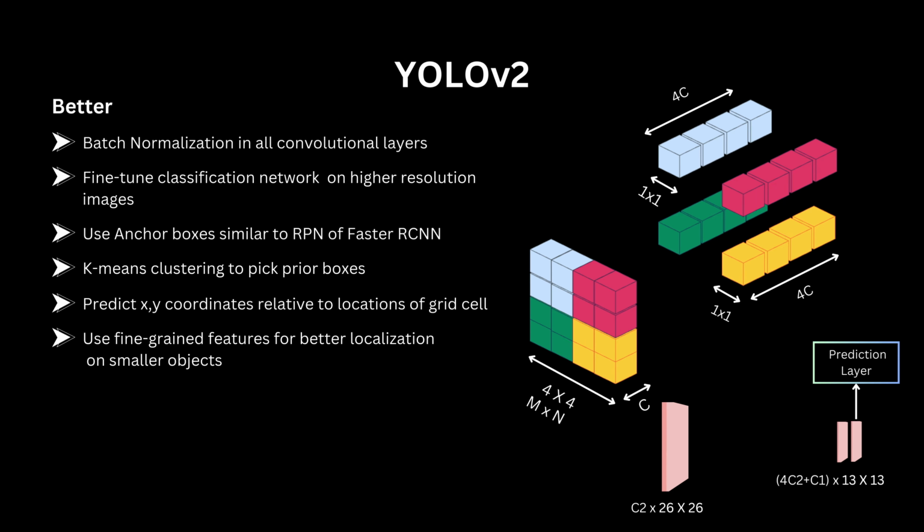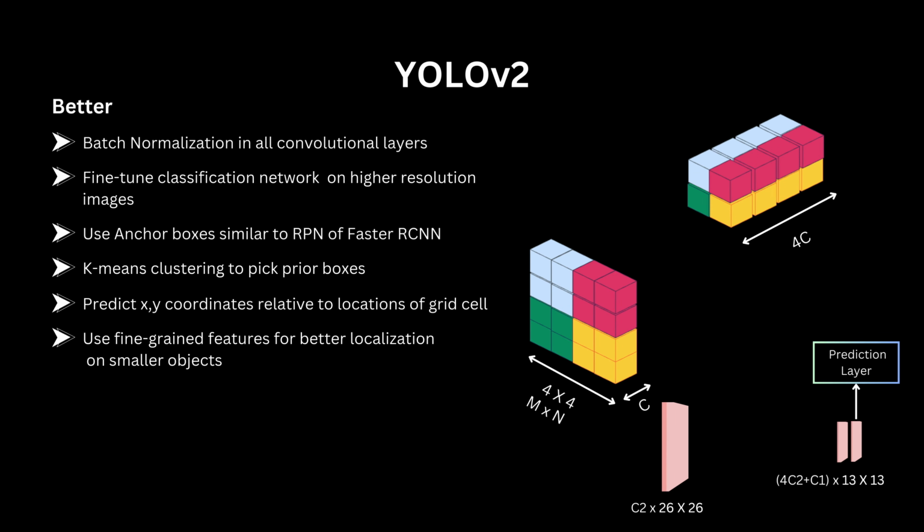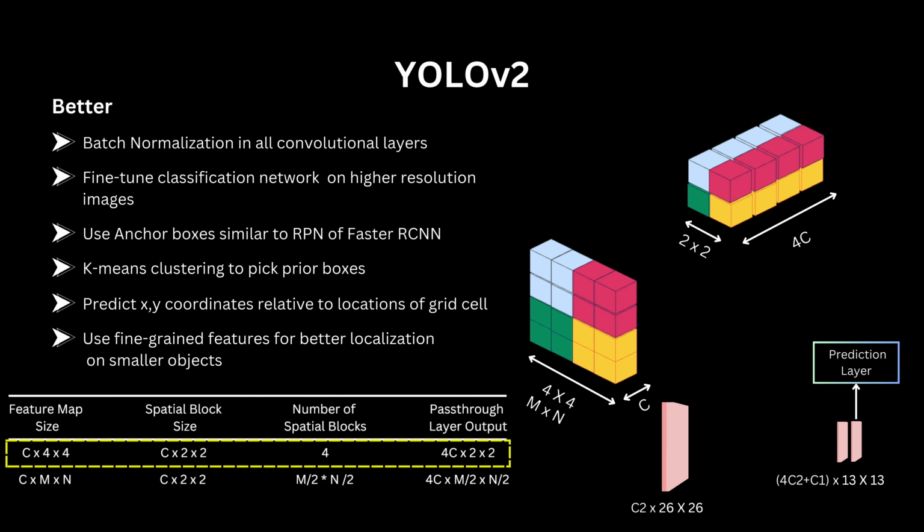The final output is the same as what we would get by combining these 4C x 1 x 1 grid cells spatially, with the final shape being 4C x 2 x 2. Here we get 2 x 2 because we had 2 times 2, 4 spatial blocks. In the generic case of the input feature map being M x N with C channels, we would have M/2 times N/2 such spatial blocks, and the output would become 4C x M/2 x N/2.